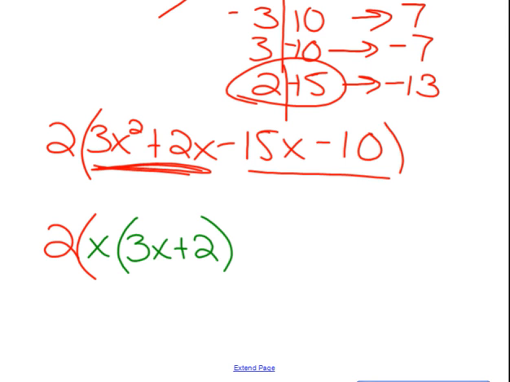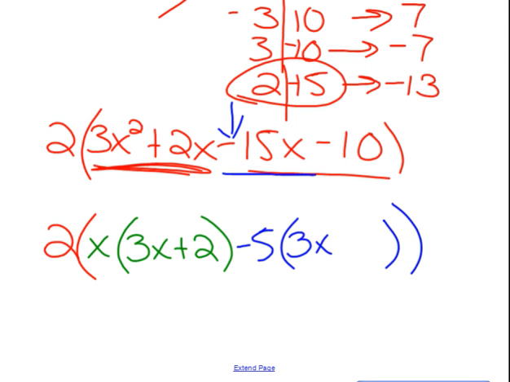For the second set of numbers, we've got a negative 15 and we've got a negative 10. They have a 5 in common, but be careful because this is negative. We're going to divide out a negative 5. Be careful when dividing out a negative. If I have negative 15x divided by negative 5, it gives me a positive 3x.